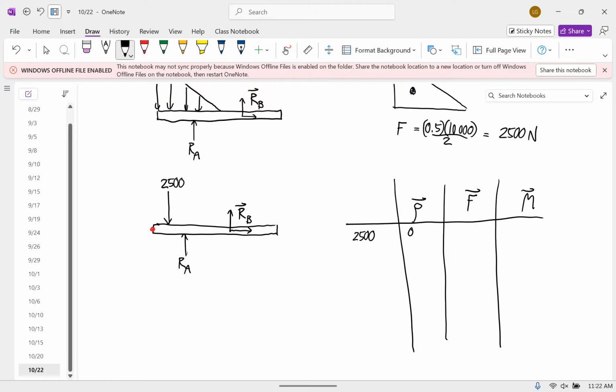The row vector is 0.16 repeating, 0 for y. The force is 0, negative 2,500. So that is negative 416.6 repeating.